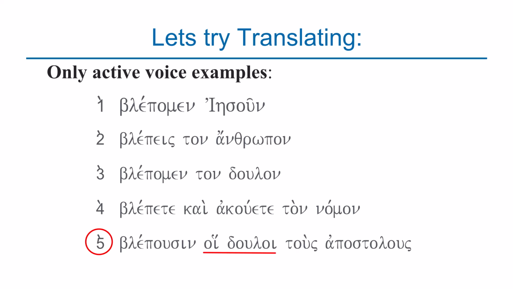So you have the word the, which is hoi, then you have douloi, which is servants. So you have the servants. That's how you start translating. You are starting with that because that is the part that is in the nominative, and the nominative shows words that are the subject of the sentence. That information is very important when you're translating.